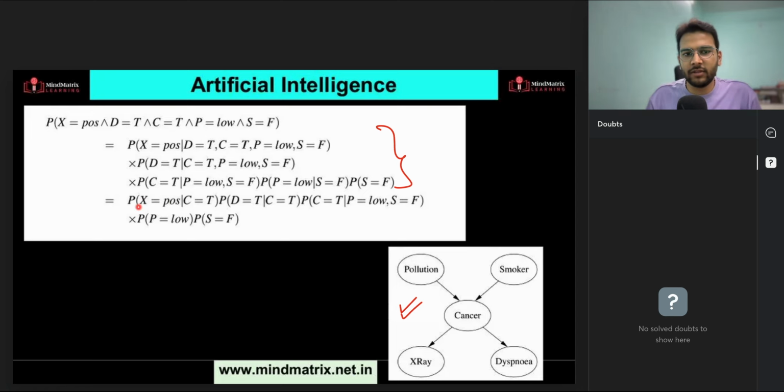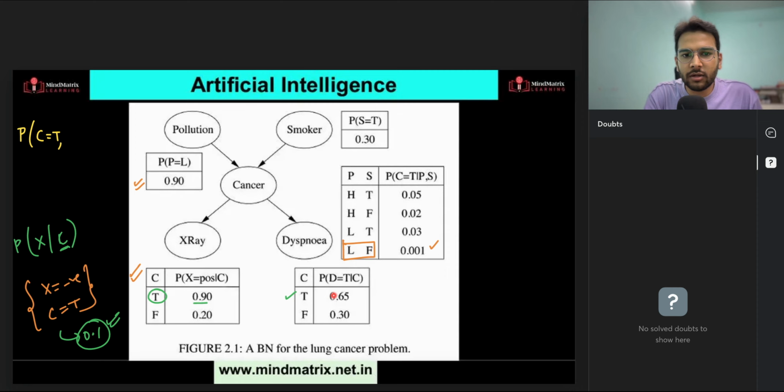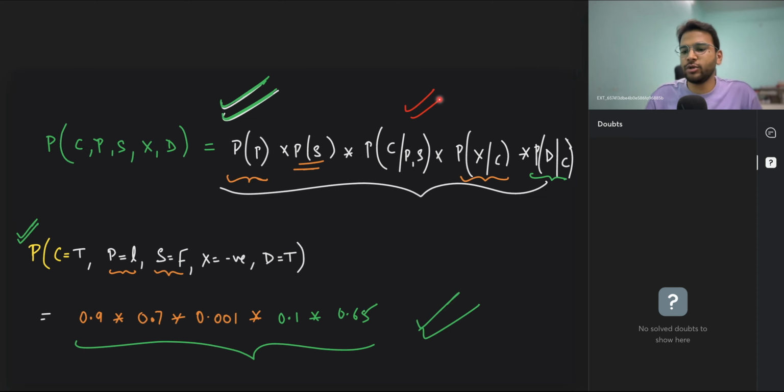And you can verify the same thing we have written. Probability of P is low. Just forget about the value of the random variable. Just focus on probability of pollution multiplied by probability of smoker, right? Multiply probability of cancer given pollution and smoker. Have we committed a mistake here or not? Yeah, that is fine. We have done it correctly. Cancer given pollution and smoker.